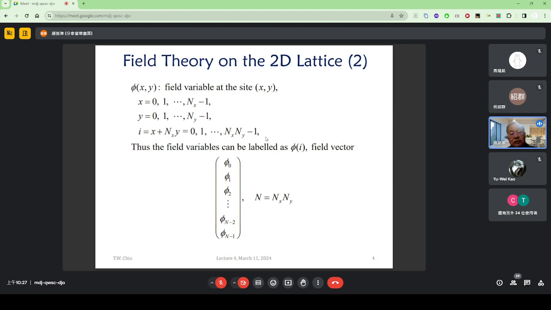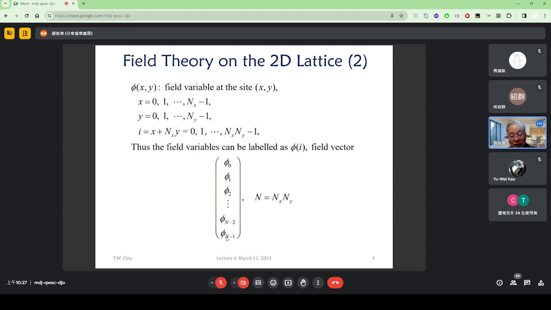So with this one index, the site index, I can put the field variables on just one column, and this is just like a vector, from phi 0 to phi n minus 1. This is called a field vector.